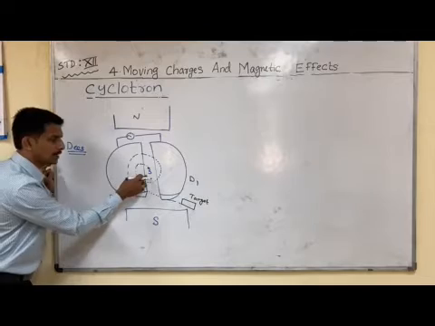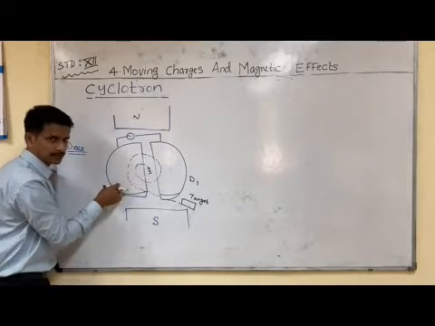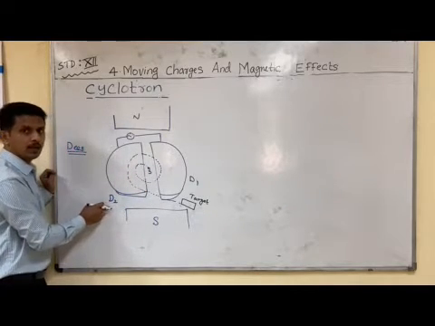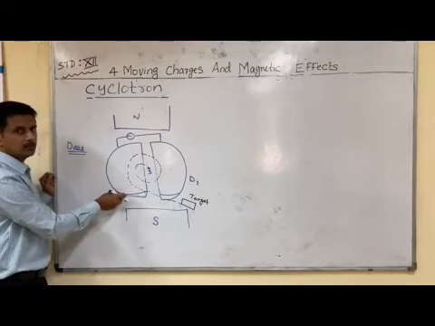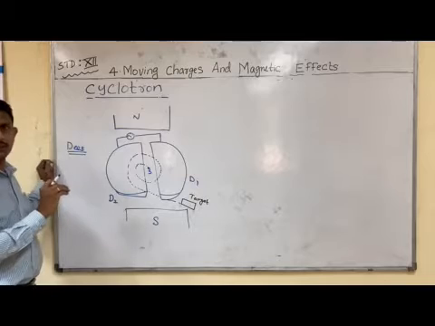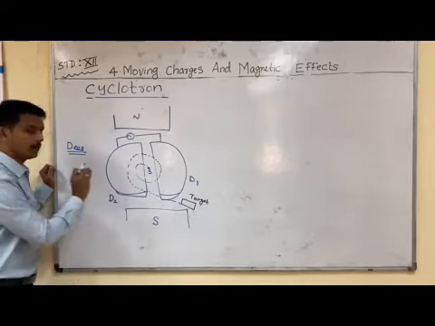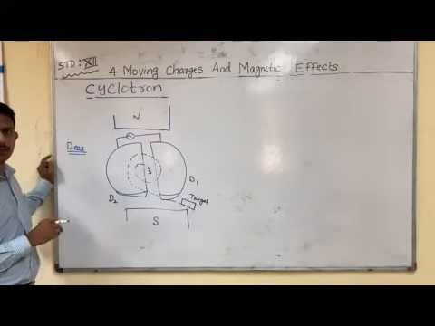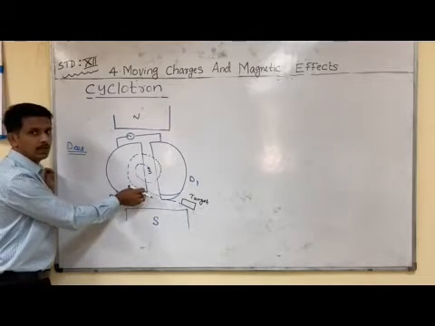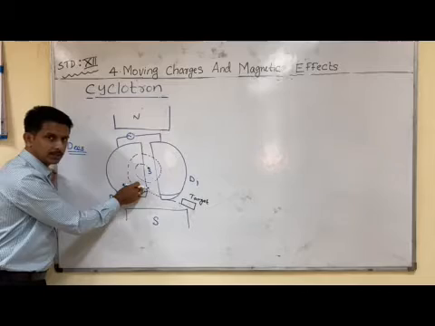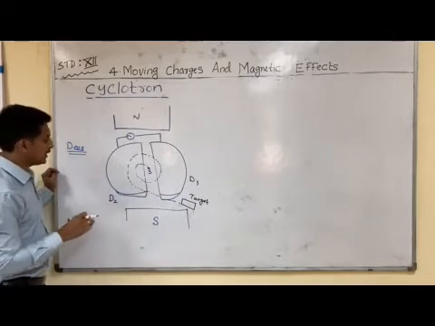So the positive charged particle initially gets inside D2, and once inside, it is completely shielded from the electric field and only the magnetic field is present. Because of this magnetic field it moves in a semicircular path, and once it completes its trajectory, it comes out of D2.